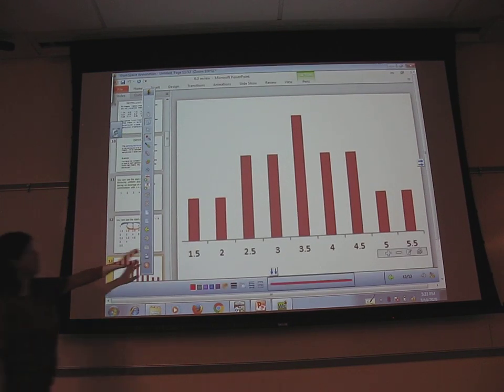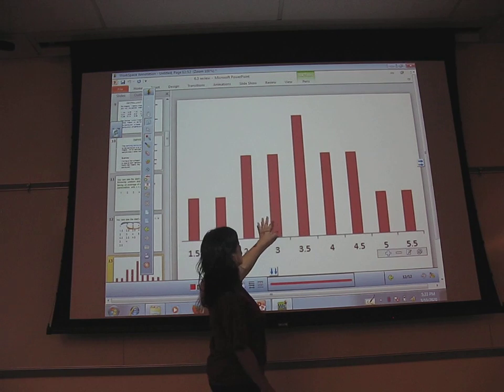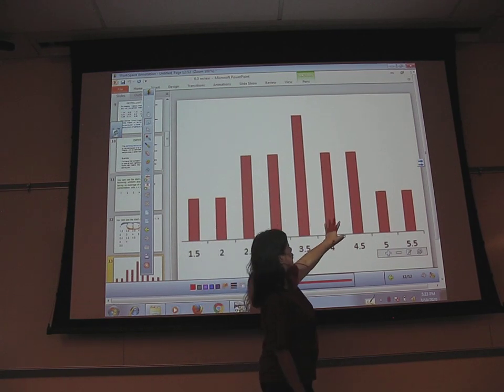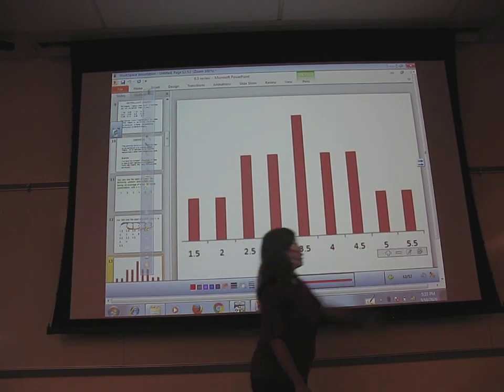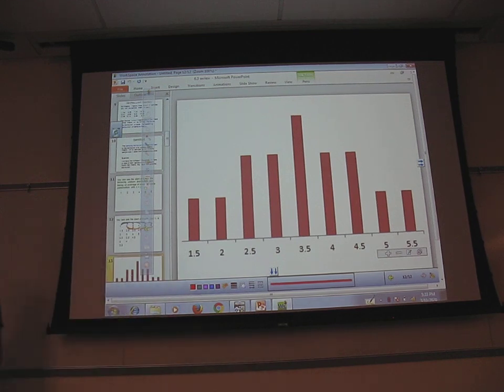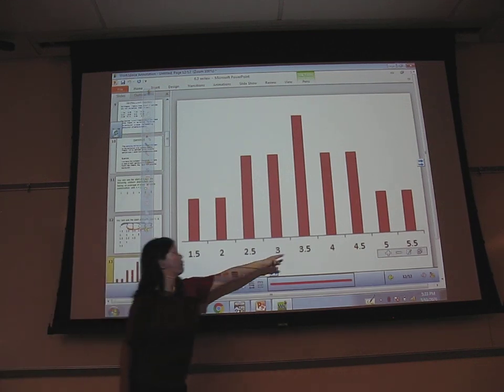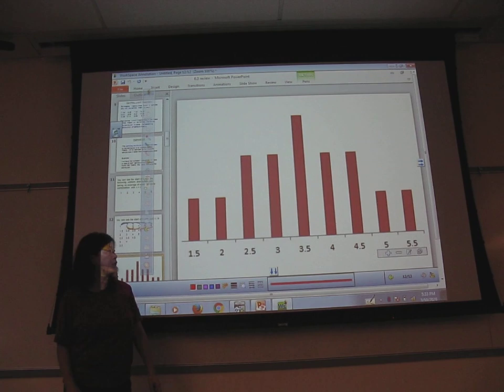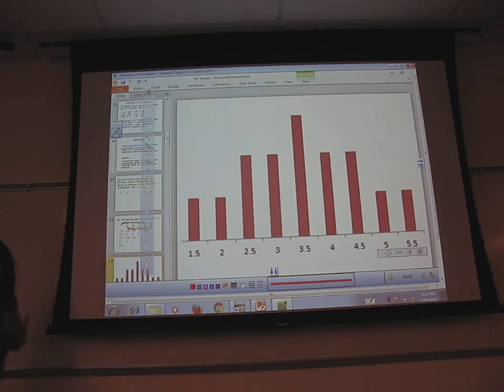Right, I have 1 of each of these, 2 of those, 3 of these, 2 of those, 2 of those, 1 of those, and 1 of those. The most likely thing I get is 3.5, because that's the average if you randomly took 1 and 6, or 2 and 5, or 3 and 4. Those all average to 3.5. Are you guys with me on this part? Yeah. Okay, no worries.